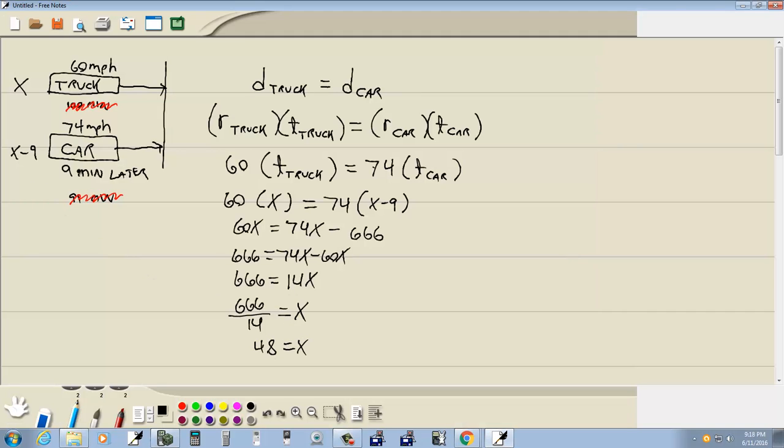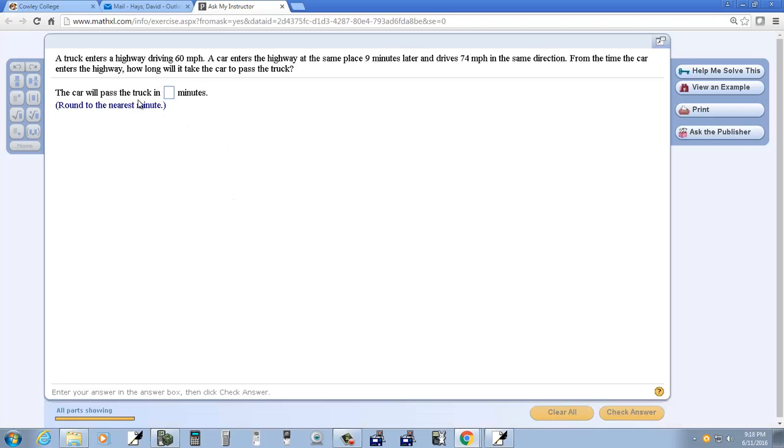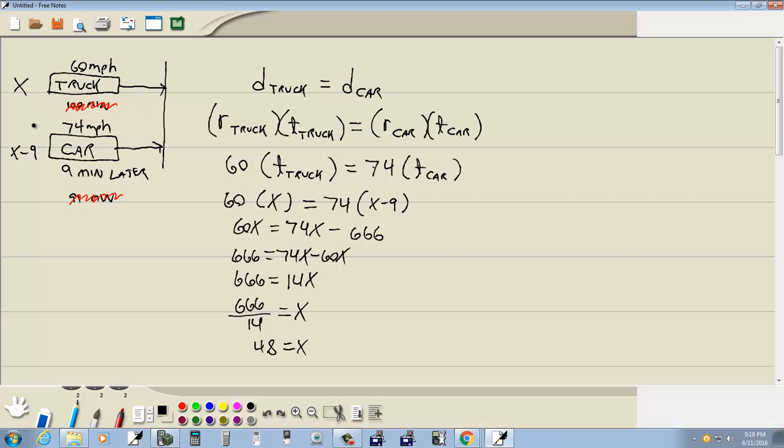But that's for X. X is for the truck. What they're asking, the car will pass the truck in how many minutes? Let me think about this.